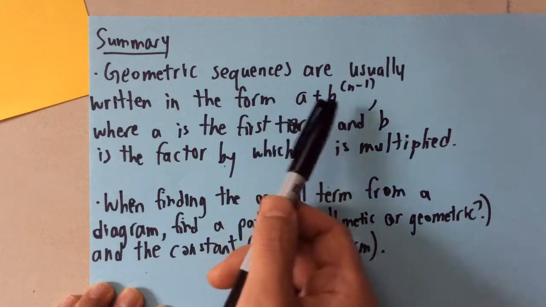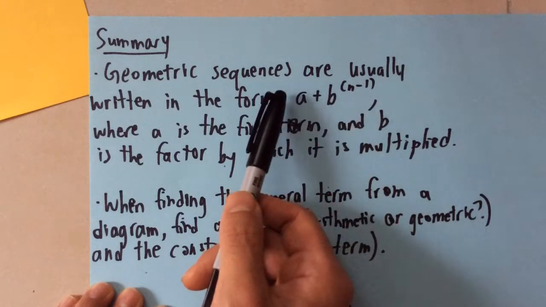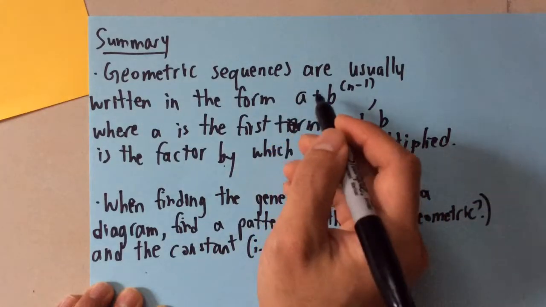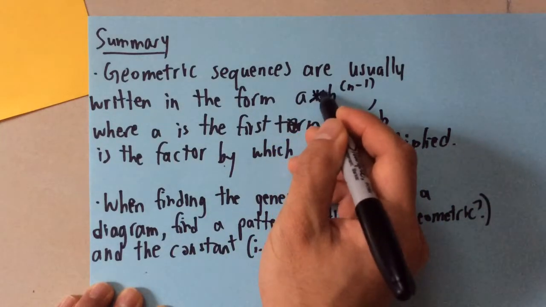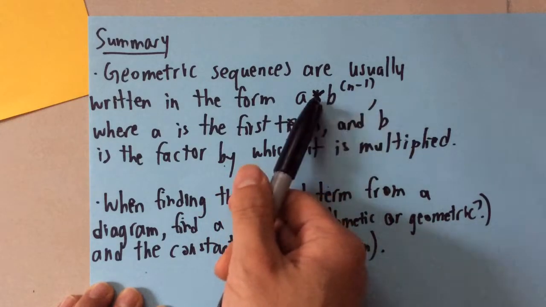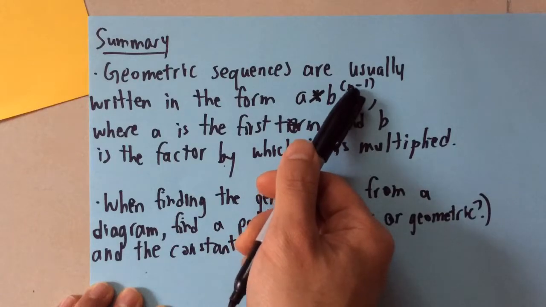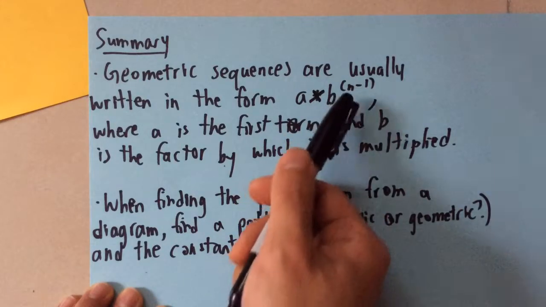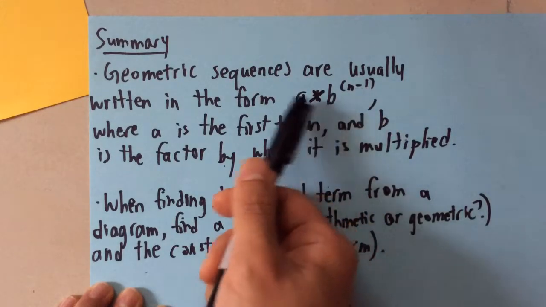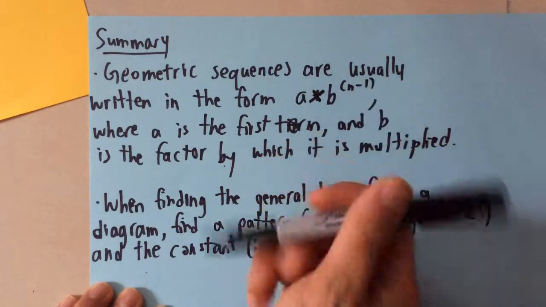Because when we have our first term, it is not being multiplied by anything yet. So, sorry, this should be written as times. For our first term, it's not multiplied by anything, so when n equals 1 in our first term, 1 minus 1 is 0, and any number to the power of 0 is equal to 1. That's why we have a times b to the power of n minus 1.